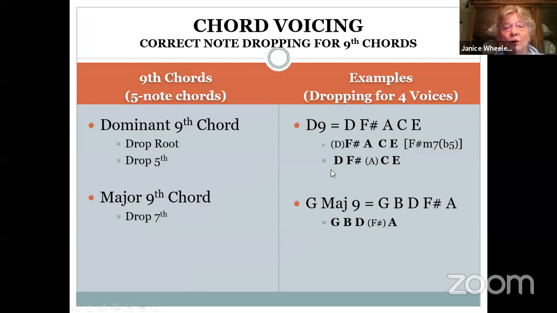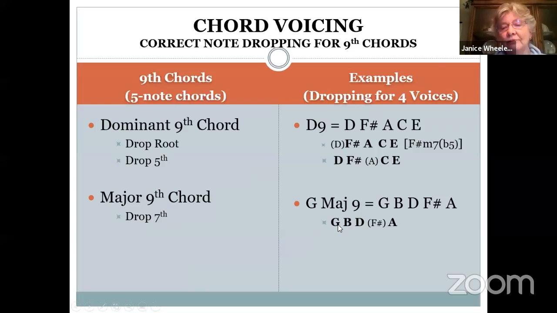We can also drop the 5th sometimes. It just depends on the composition, which way would work better. If we're going to drop the 5th, that would be the A that we would drop from the 9th chord. For a major 9th chord, which is created on the first tone of the G major scale, for instance, we always drop the 7.